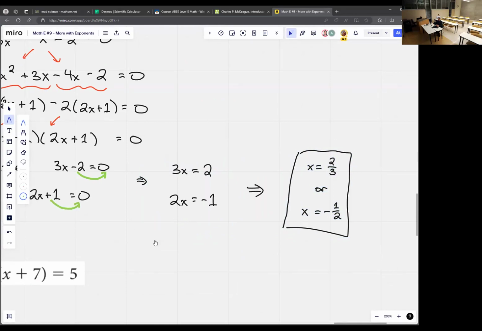And then I divided by whatever is next to the x. Is that enough explanation? Yeah.